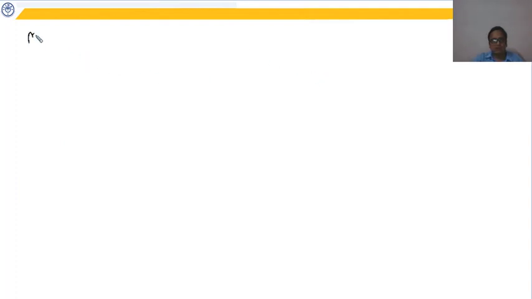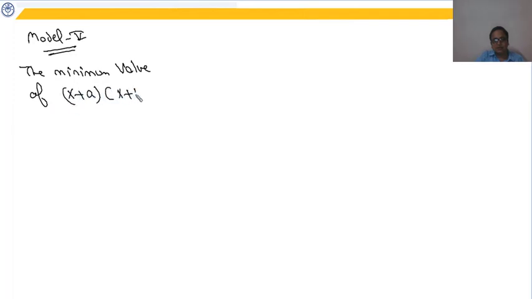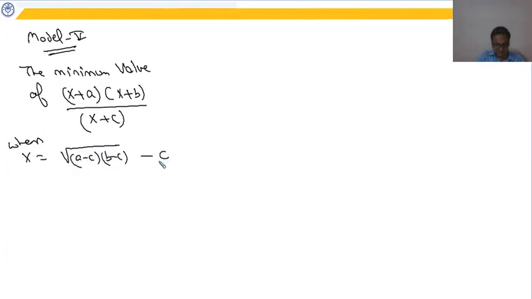Now it's model 5. It says the minimum value of the expression (x + a)(x + b)/(x + c) occurs when x is equal to the square root of (a - c)(b - c), minus c.